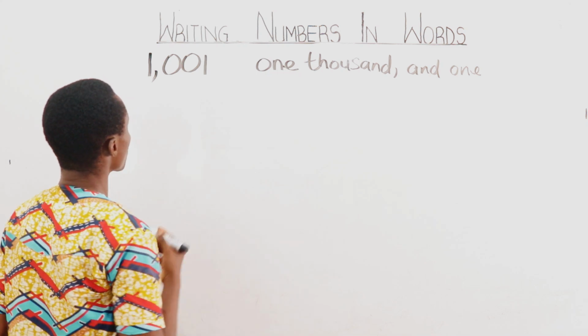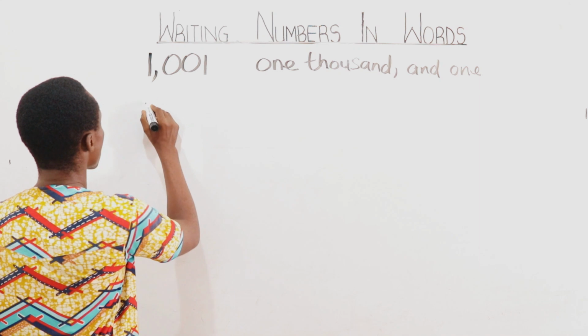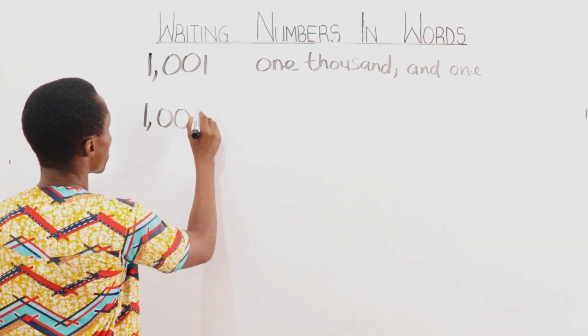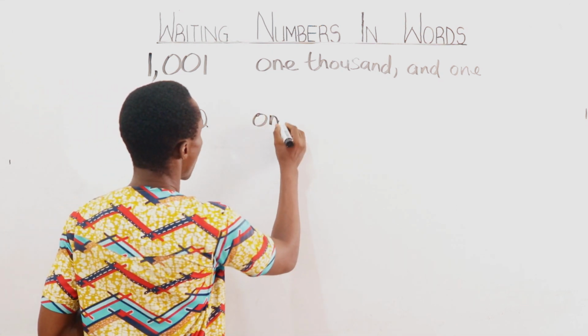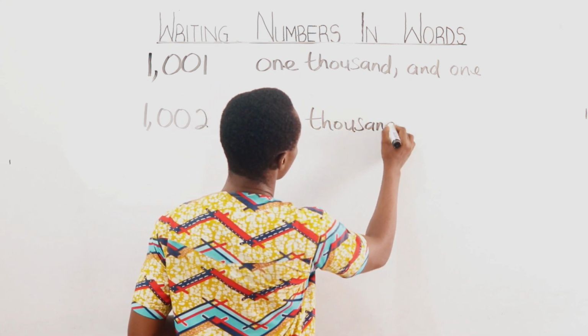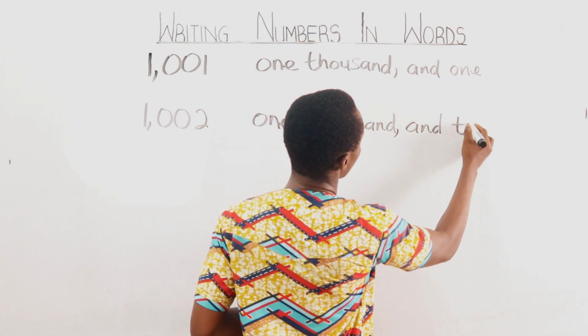If we add 2 to 1,000, then we have 1,002. So we have 1,002.